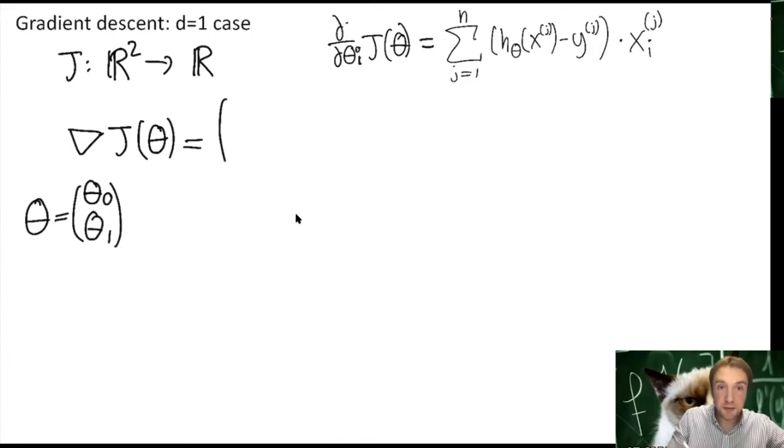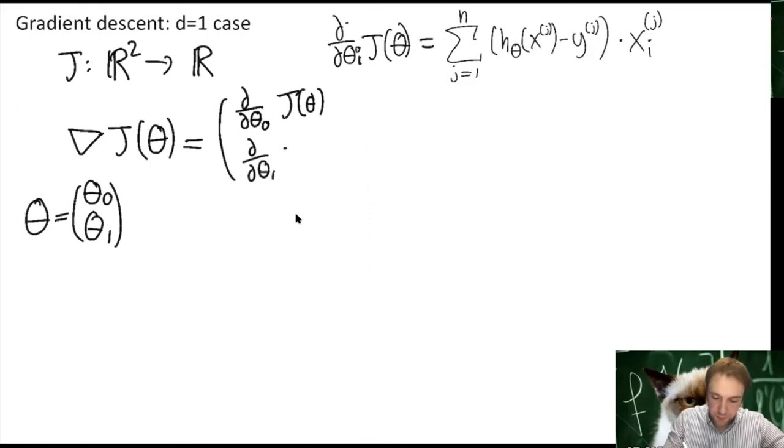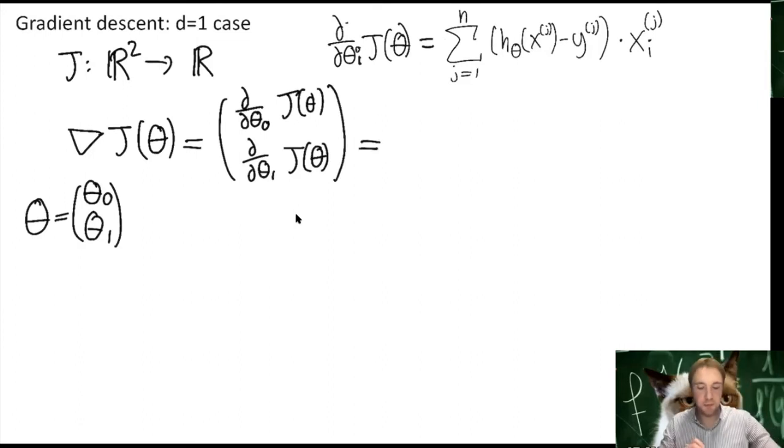So this will just have 2 entries. So it will be the derivative with respect to theta 0, and here the second entry with respect to theta 1. So in this example, the gradient is just a vector of size 2.